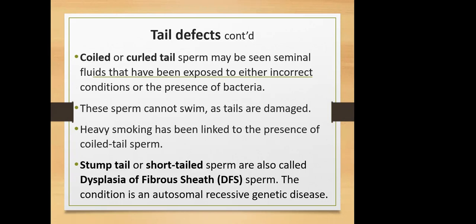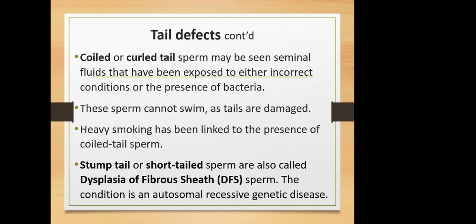We include that the patient should stop smoking if he does smoke, because we want to rule out the potential for some of these external contaminants to affect the quality of the sperms. So smoking has been identified as a factor that could cause coiling of the sperm tail. And so that is for our information.